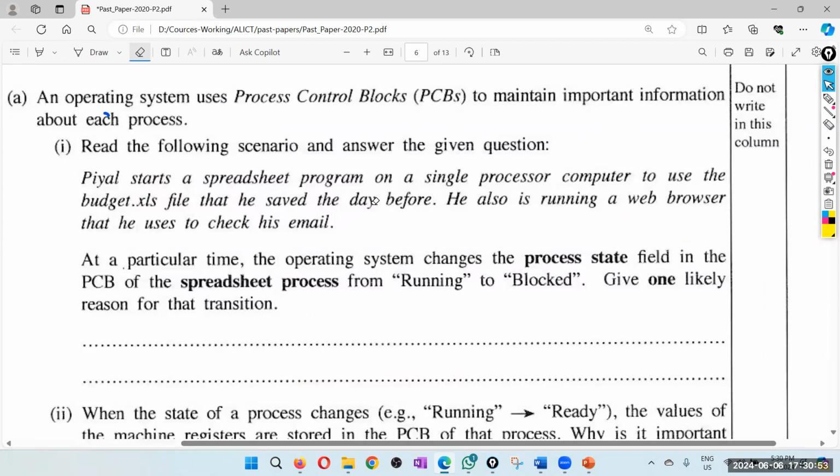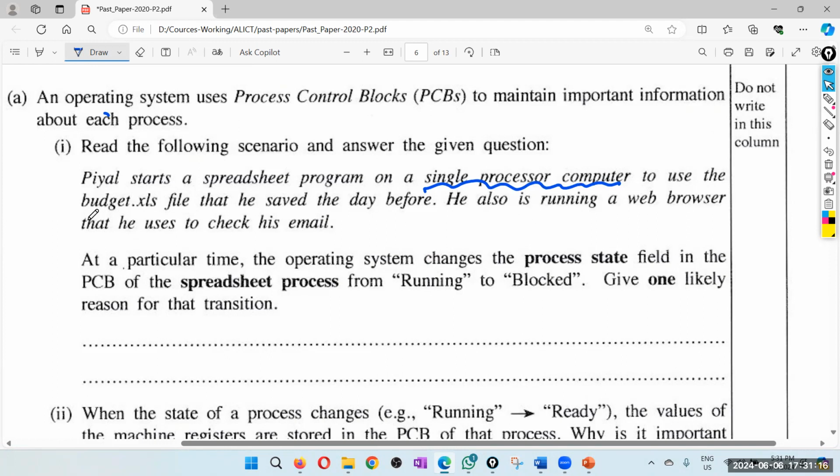P1 starts a spreadsheet program, maybe something like Excel, on a single processor computer. So that is to make your life easier. It's a very primitive single processor computer. Remember, if they have multiprocessors, there can be multi-threading, multi-cores, so many things, right? Single processor computer.